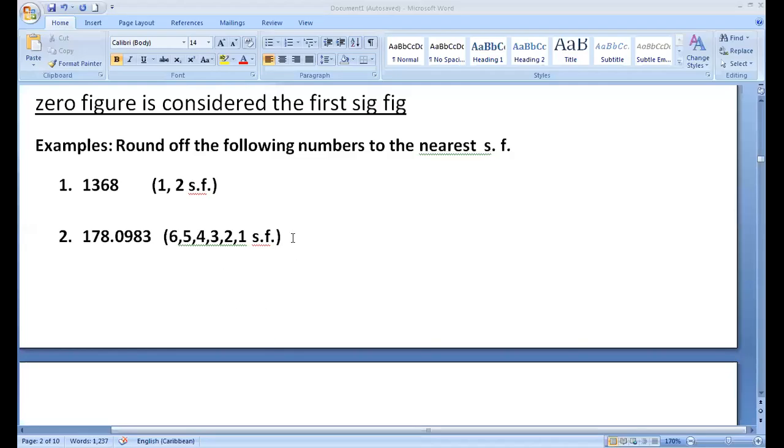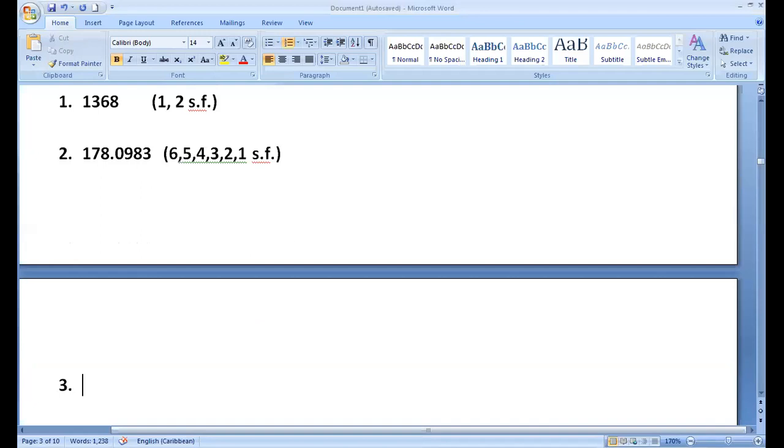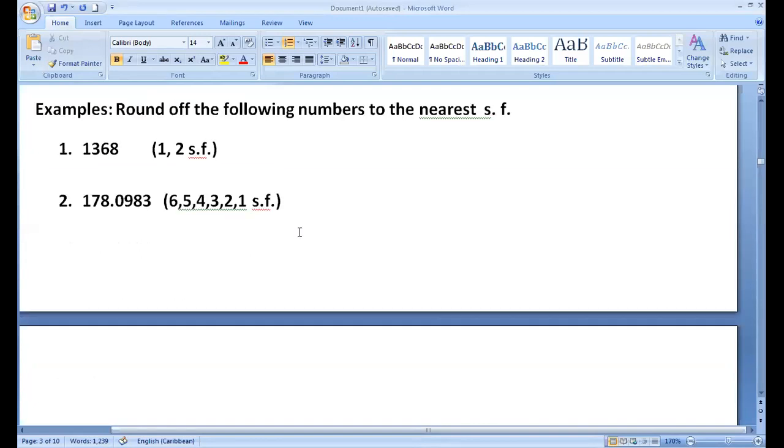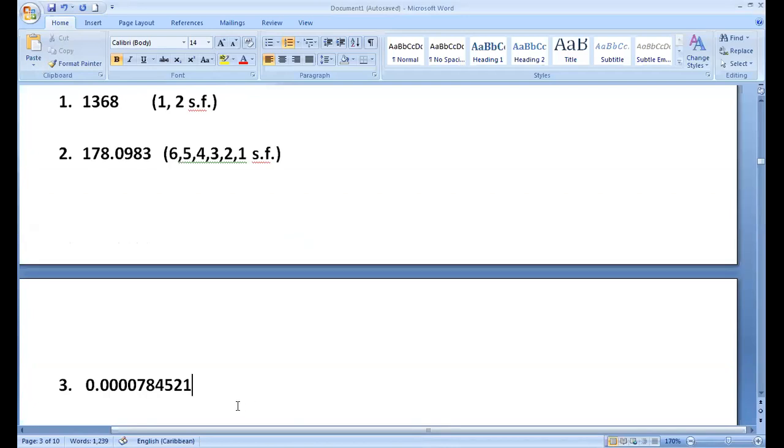All right, so let us look at example 3. What if we have 0.007? Take that on for me, please.